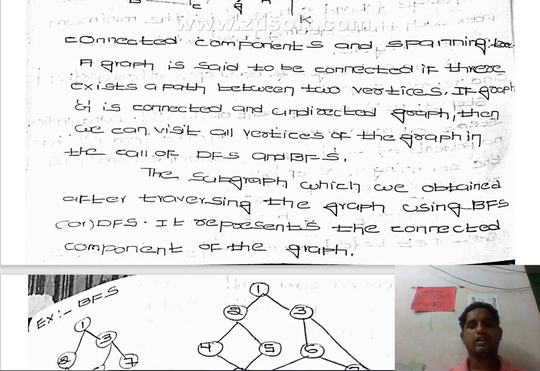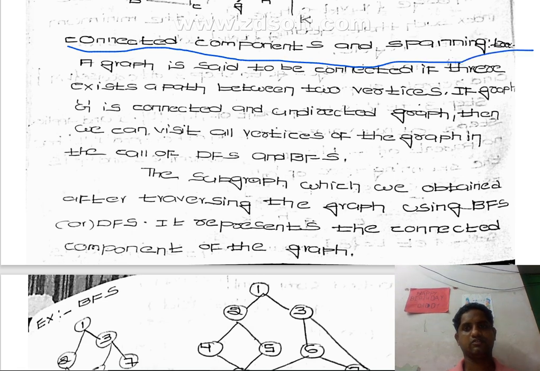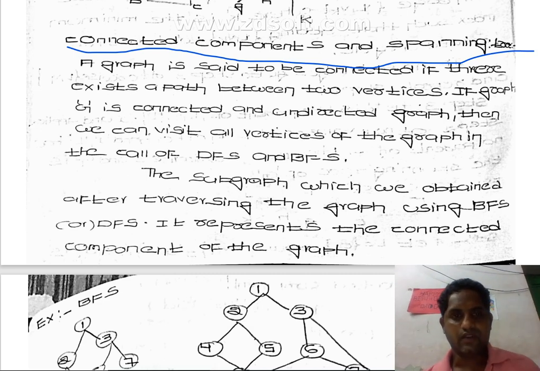Next, connected components and spanning trees. See, a graph is said to be connected if there exists a path between two vertices. If graph G is a connected and undirected graph, then we can visit all the vertices of the graph by calling DFS and BFS.